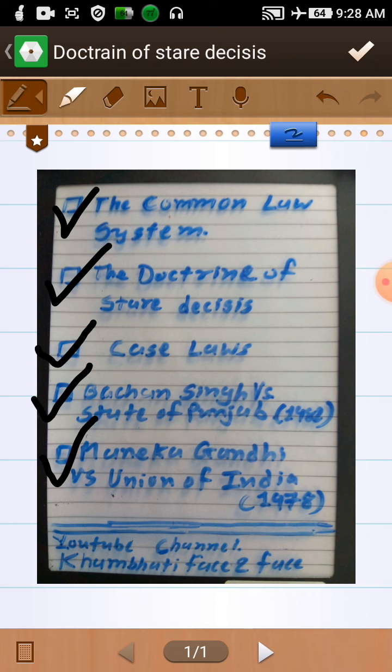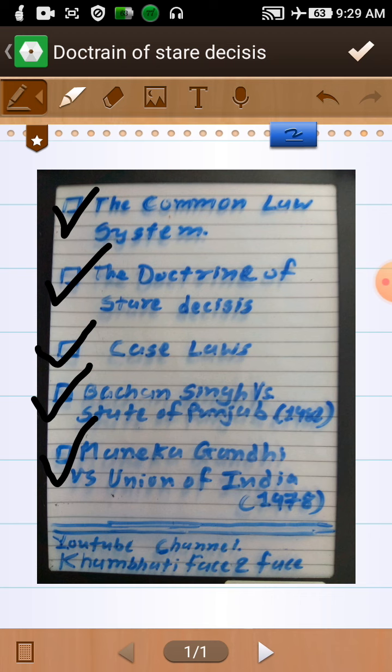The new dimension of Article 21 and 14 rendered the death penalty provided in Section 302 IPC read with Section 354 subsection 3 CrPC vulnerable to attack on a ground which was not available at the time when Jagmohan Singh was decided in 1973.